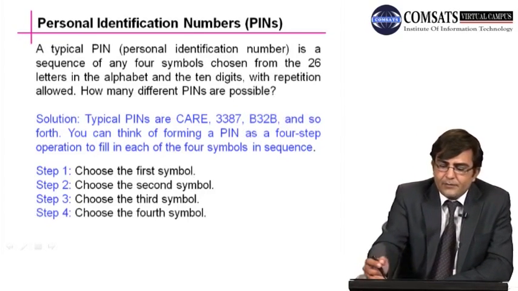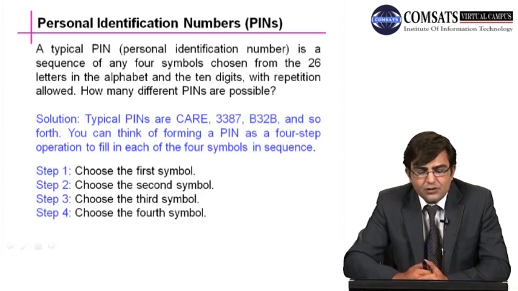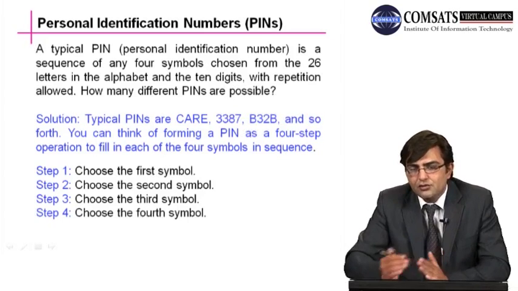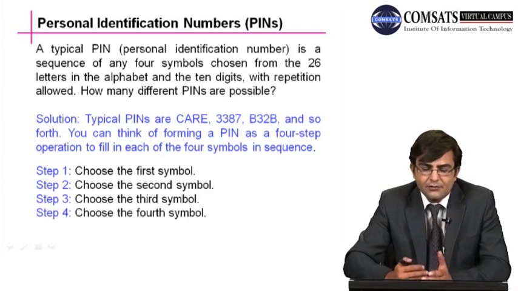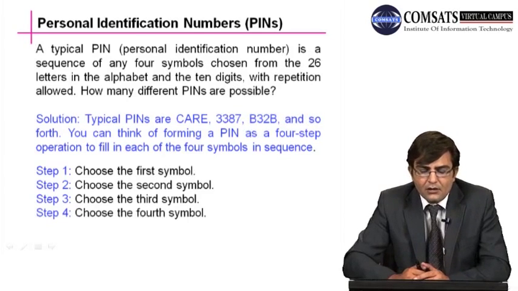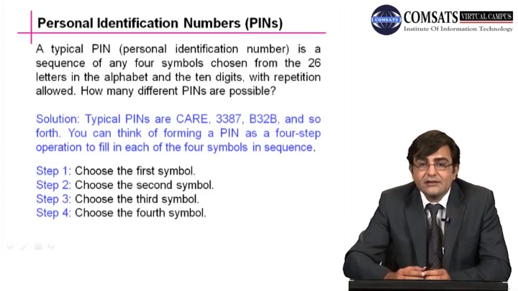A typical PIN is a sequence of any 4 symbols chosen from the 26 letters in the alphabet and the 10 digits from 0 to 9. So you have to select a PIN, a password you can say, out of the 26 letters of the English alphabet and the digits from 0 to 9.